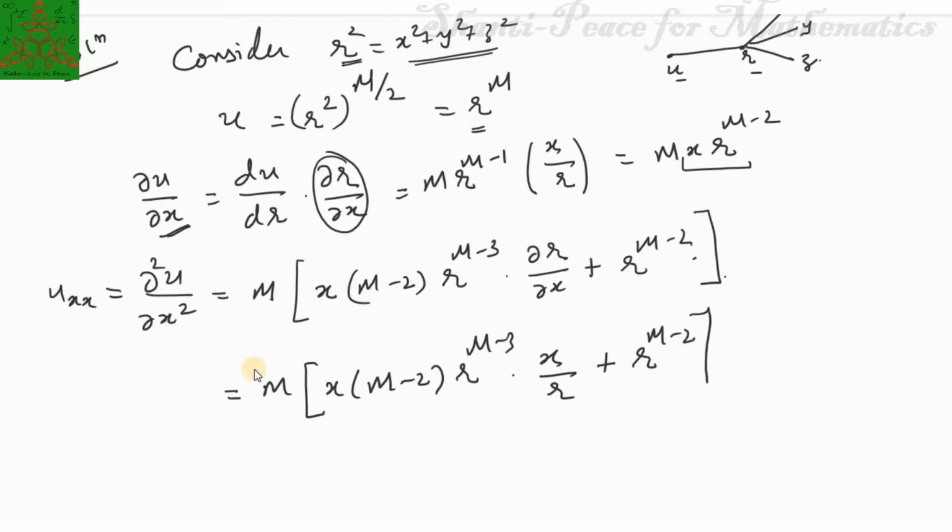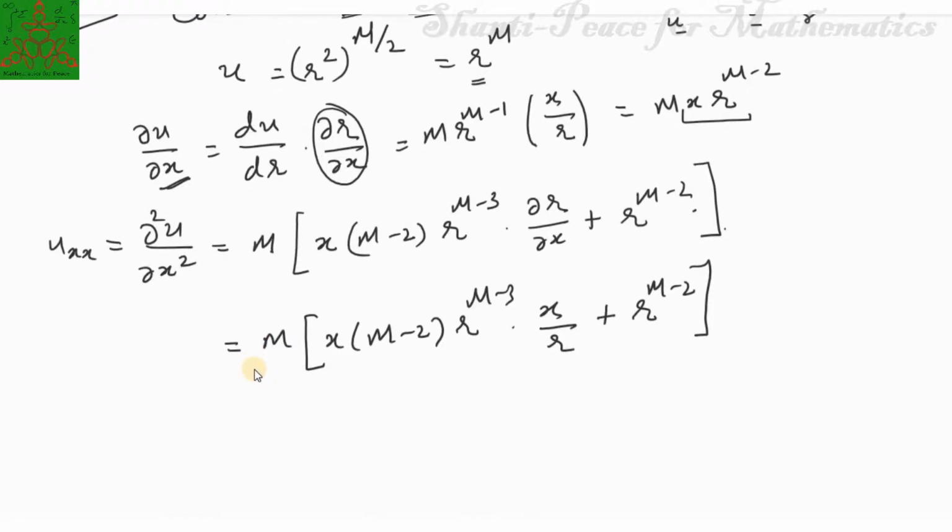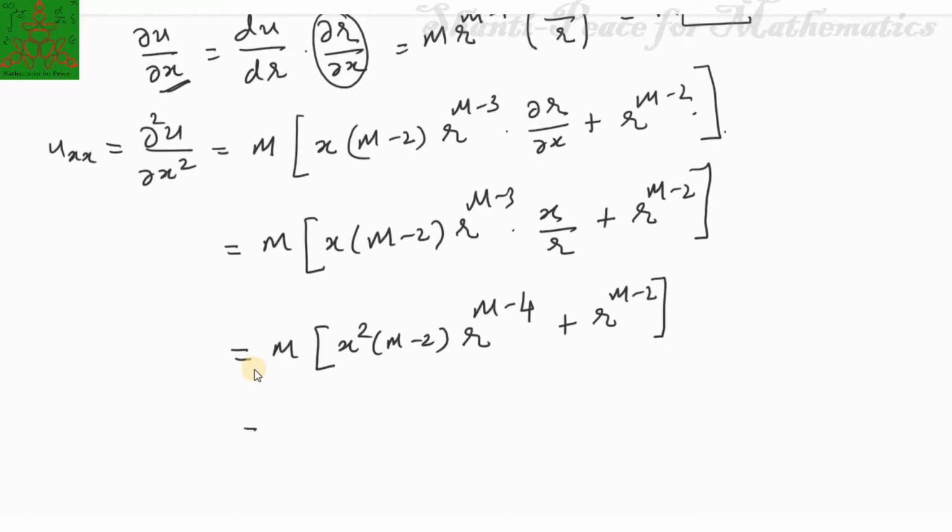Just note that this r is cancelled with the one r here, and you may write this as m into x square m minus 2 r raised to m minus 4 plus r raised to m minus 2. You note that this r raised to m minus 4 is common out, so that's why you will have m r raised to m minus 4, and inside the bracket is left x square m minus 2 plus r square.